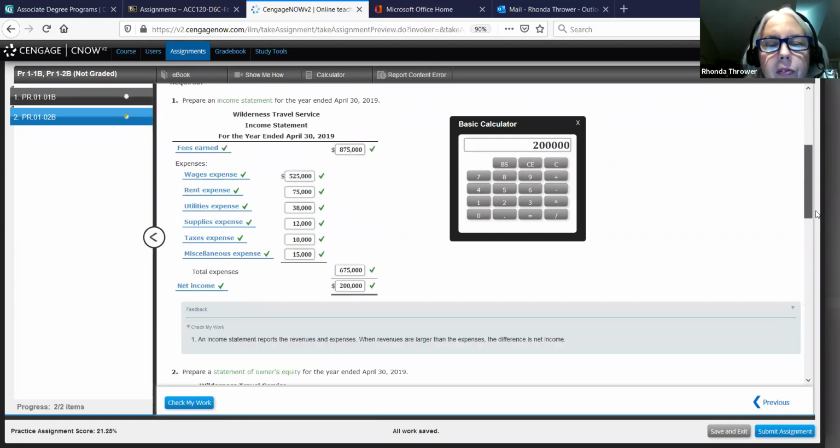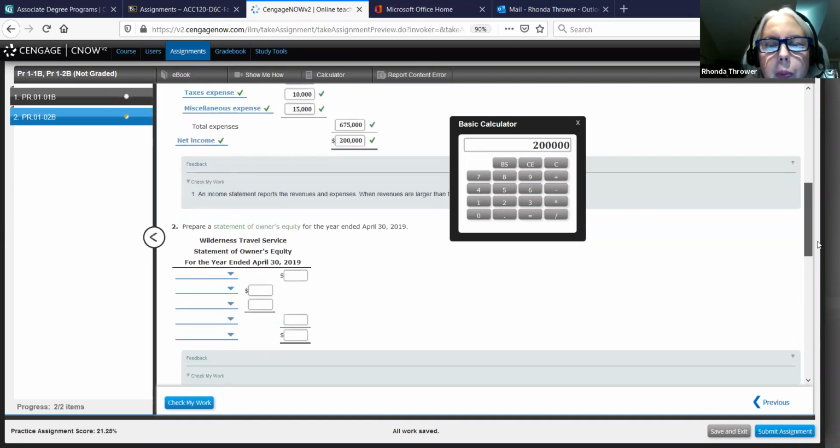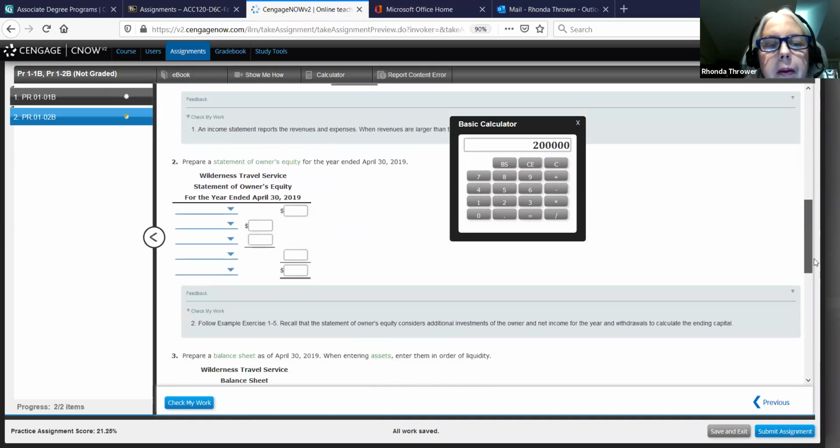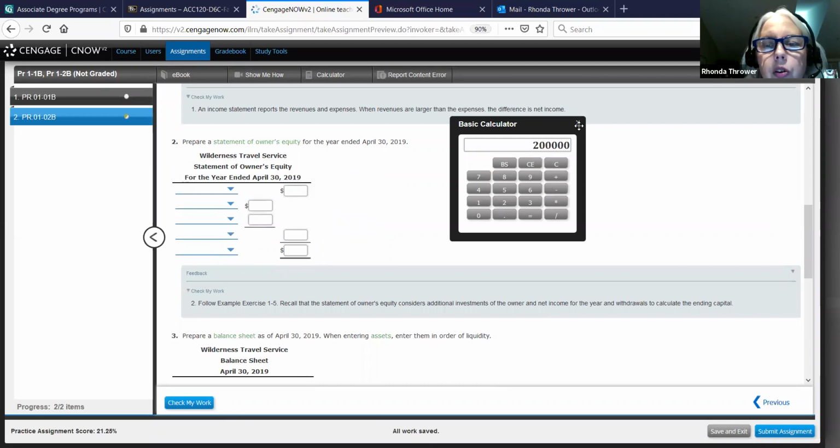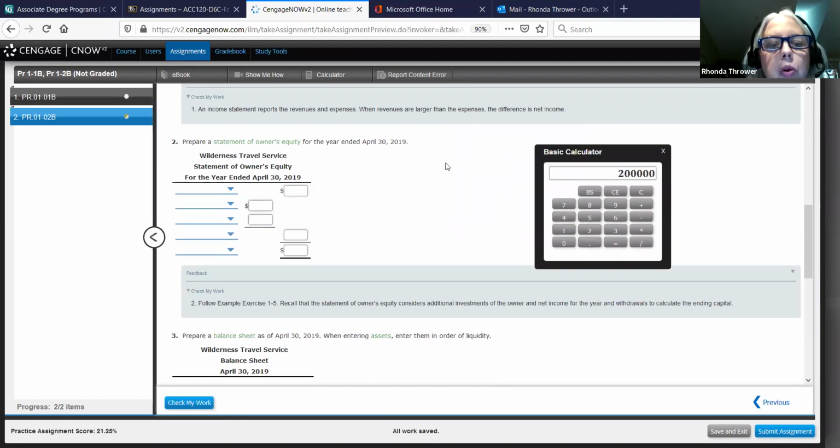The second financial statement that you will prepare in a sole proprietorship form of business is what we refer to as the statement of owner's equity. And the statement of owner's equity is a summary of the changes in owner's equity that have occurred during the specific time period, such as a month or a year.